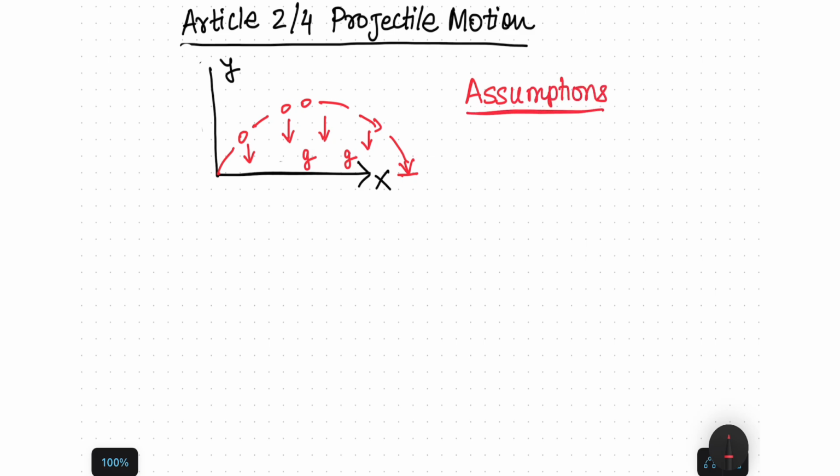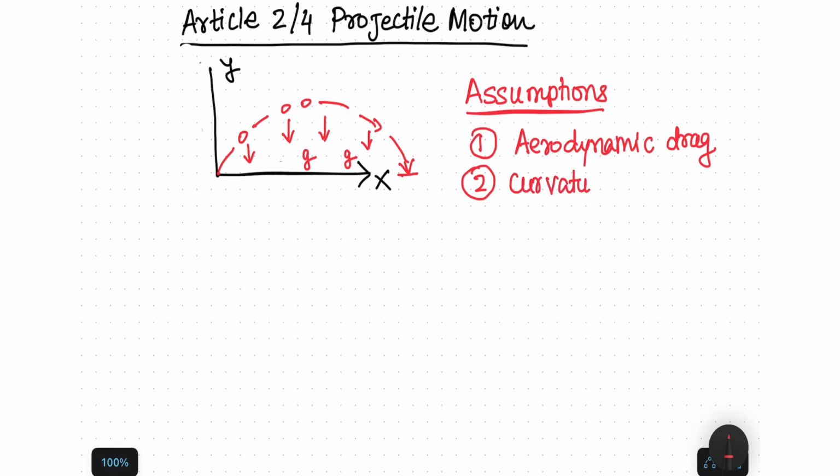Assumptions. The first assumption is we ignore aerodynamic drag. Because of the air there is some resistance, so we generally ignore this in our calculation. Second is the curvature of the earth.